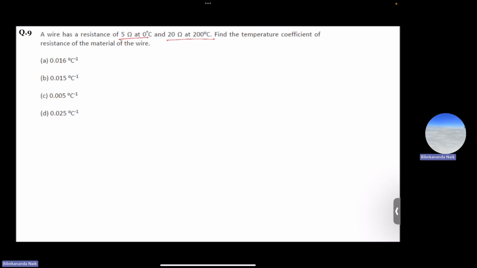These are the four options: A 0.016 per degree centigrade, B 0.015, C 0.005 and D 0.025. I'll give you a few minutes to try to solve this question, because we have already discussed the formula, and then we will discuss.